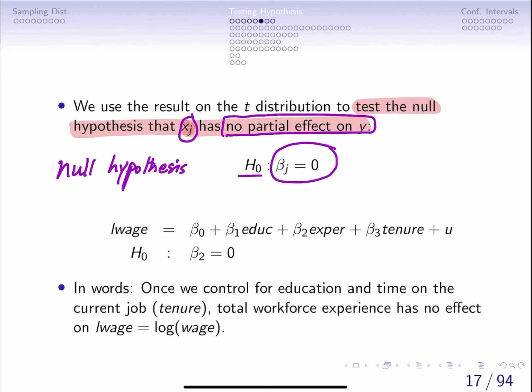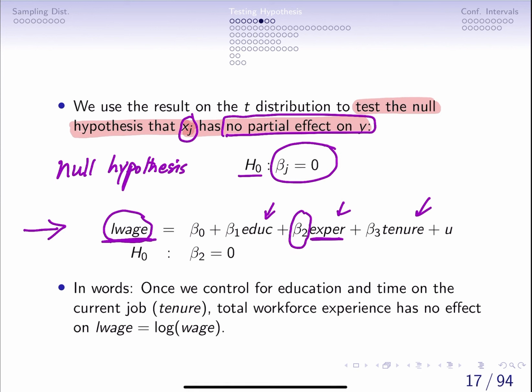So let's take an example here. Let's say we have this example that we have been running with for the past few lectures, that if we were trying to explain the variation in log wage, we can explain that with level of education, experience, or tenure. Okay, so if we wanted to hypothesize what the effect of experience is on log wage, then we are talking about beta 2.